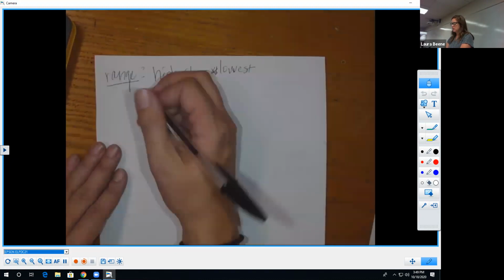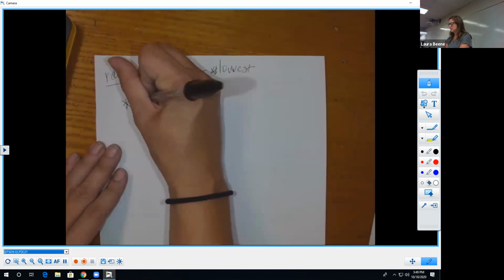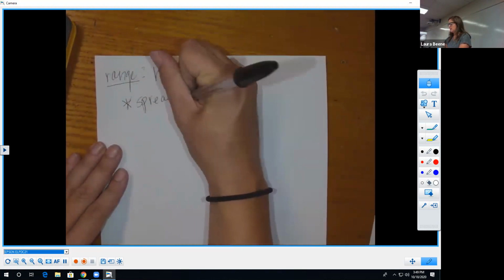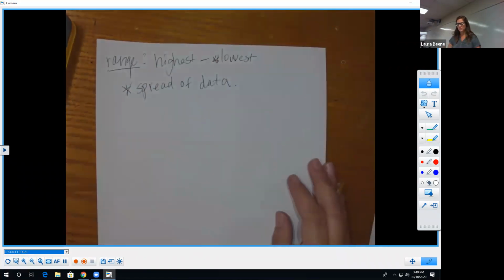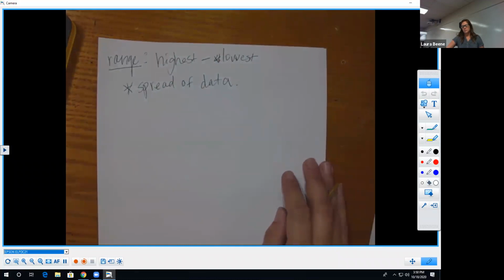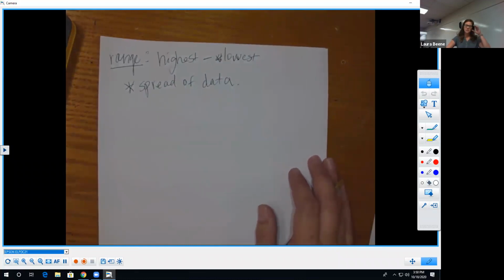Okay, and what the range tells us is the spread of the data. The reason why I care about the spread of the data is it tells me how much different the numbers in the set of data are.